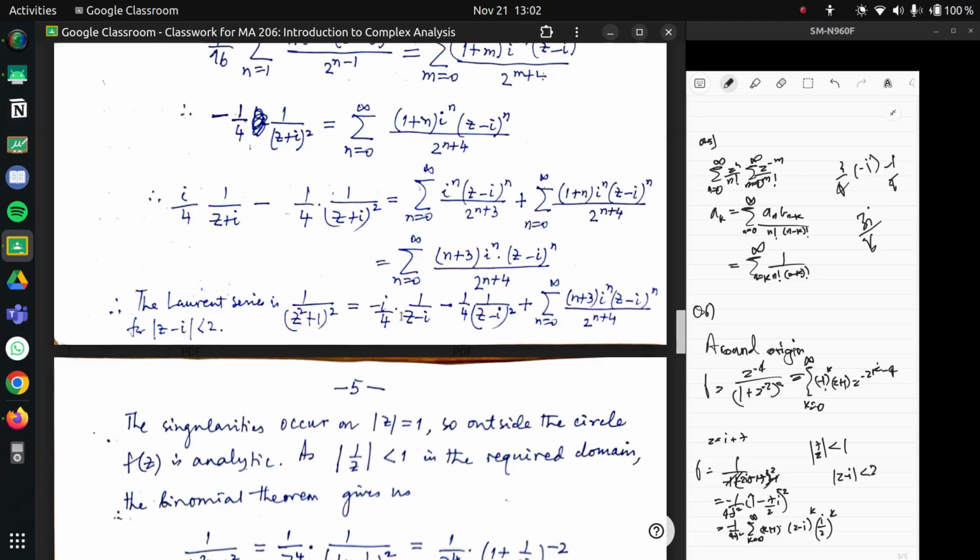And what did they write? I can't see what they wrote. Oh, they just have negative 1 by 4. Why? I don't get it.